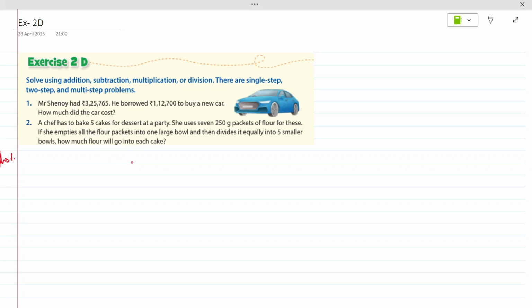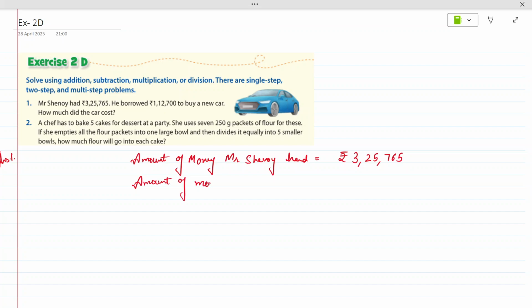So what we have to write here is amount of money Mr. Shenoy had is rupees 3,25,765, and then amount of money he borrowed, okay, is rupees 1,12,700.